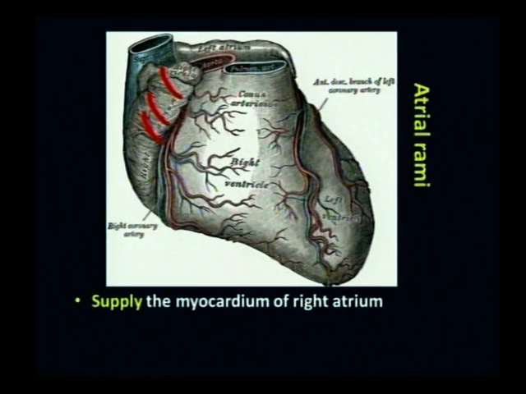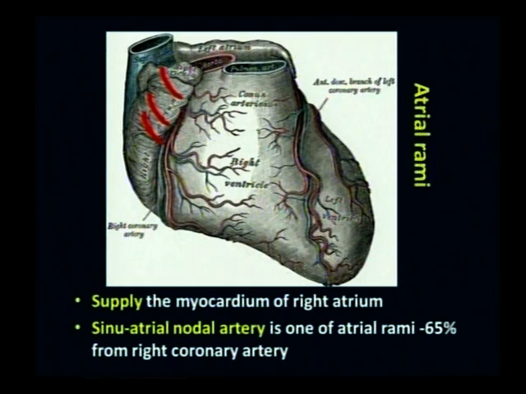So naturally these right atrial branches in the anterior part should supply it. This sinuatrial nodal artery arises from the right coronary artery in 65%; in the remaining percent it may arise from the left coronary artery. So, what is the course of this right sinuatrial nodal artery? We will see now.